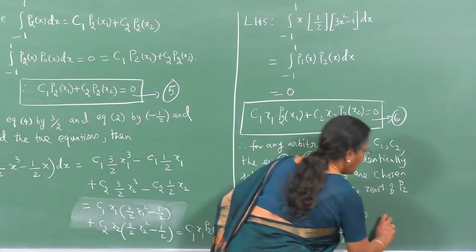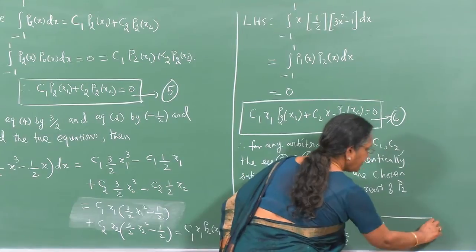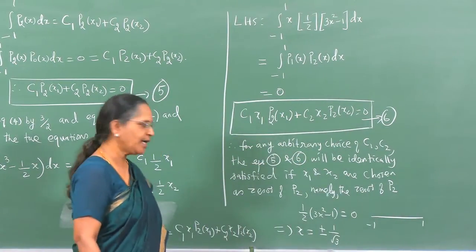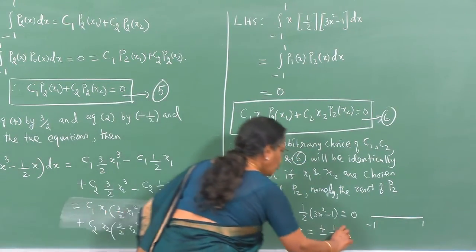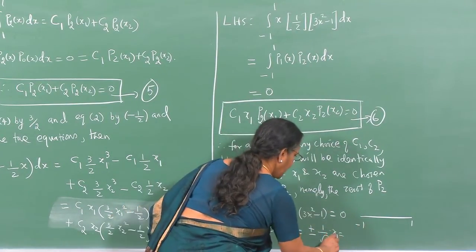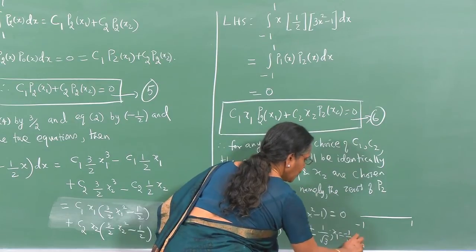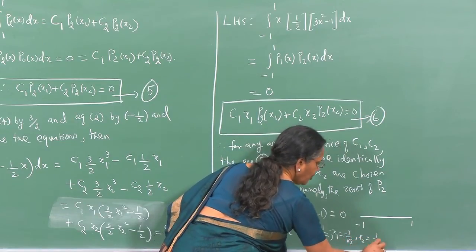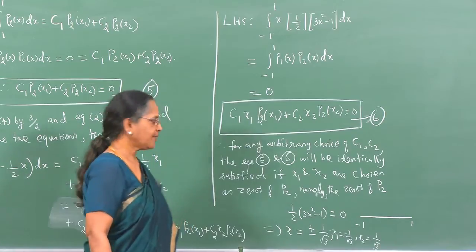So, we integrate between the limits minus 1 and 1, and the roots of P2 of x equal to 0 are given by x1 is equal to minus 1 by root 3 and x2 is equal to plus 1 by root 3.